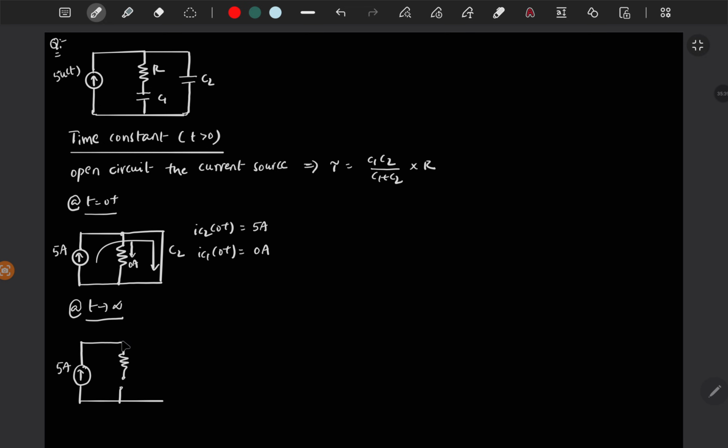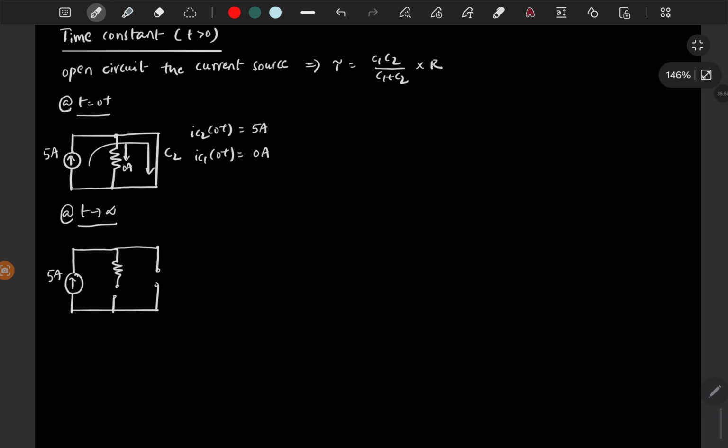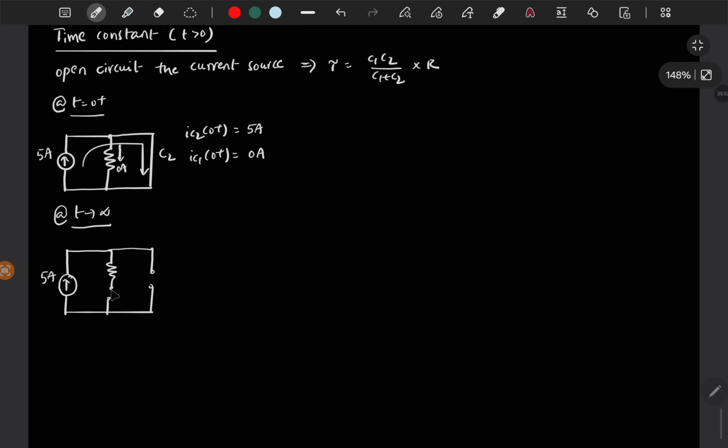Now you are pumping a constant current source of 5 amps, but there is no way for the current to flow, and this is a KCL violation. So ideally, if you see these open circuit and no current should flow through the capacitors, but practically this is not possible because this is high impedance, because at steady state omega tends to 0.